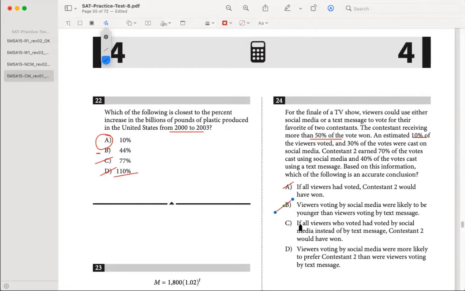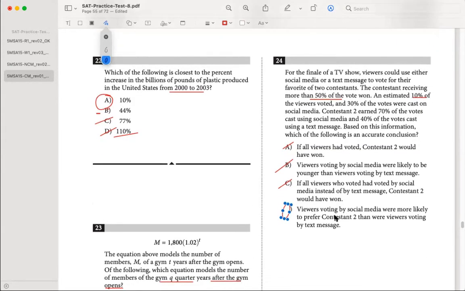Can I infer that? You can't really infer that they would have won, so D would probably be the best answer. Yeah, it should be D because you cannot infer that they would have won.